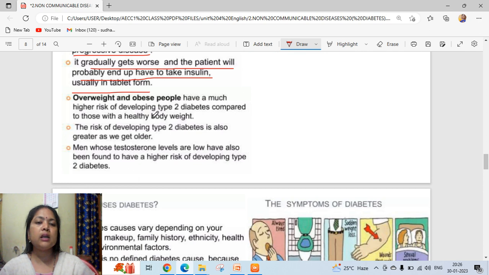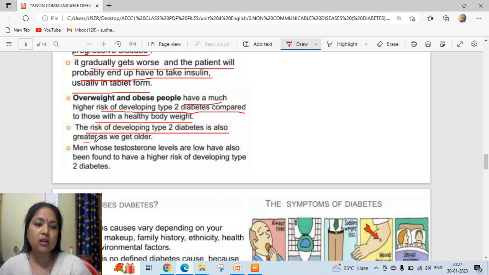Then overweight and obese people have a much higher risk of developing type 2 diabetes compared to those with a healthy body weight. Okay. And the risk of developing type 2 diabetes is also greater as we get older.